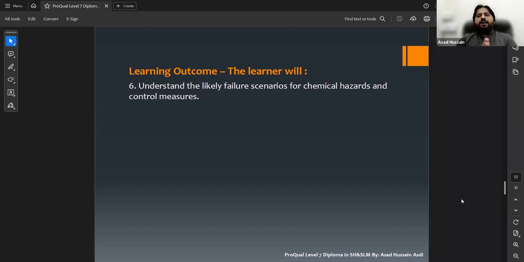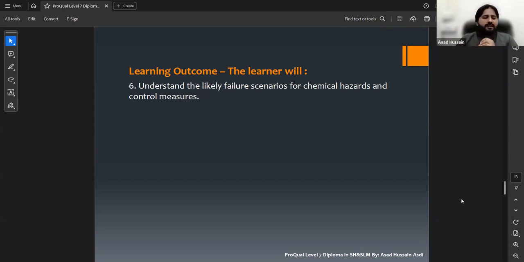Digital technologies will be discussed, and incident investigation will be discussed, but the main theme on which this unit is mapped is risk assessment, specific risk assessment, and the different risk assessment approaches in different situations, for different types of risk and hazards. So, 6: understand the likely failure scenarios for chemical hazards and control measures.